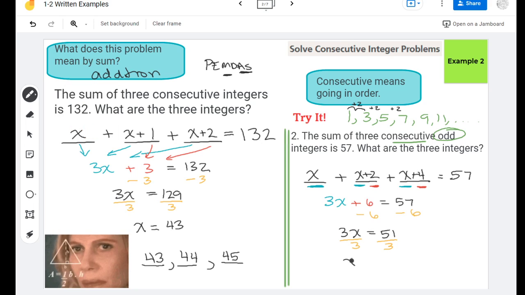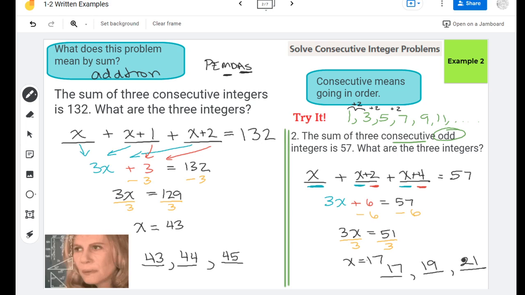So when I divide by 3, 51 divided by 3 is 17. So in terms of my 3 consecutive odd numbers, I'm starting at 17, the next odd is 19, and the next odd is 21. And I could take a calculator and check that. I could do 17 plus 19 plus 21, and I should get 57.